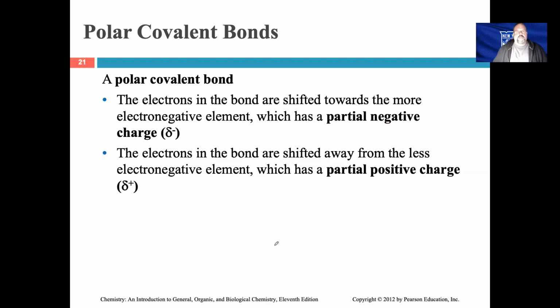All right. So as we saw on the last slide, in a polar covalent bond, the atoms are not technically neutral. One of the classic examples of a polar covalent bond that wasn't mentioned on the last slide is O–H.